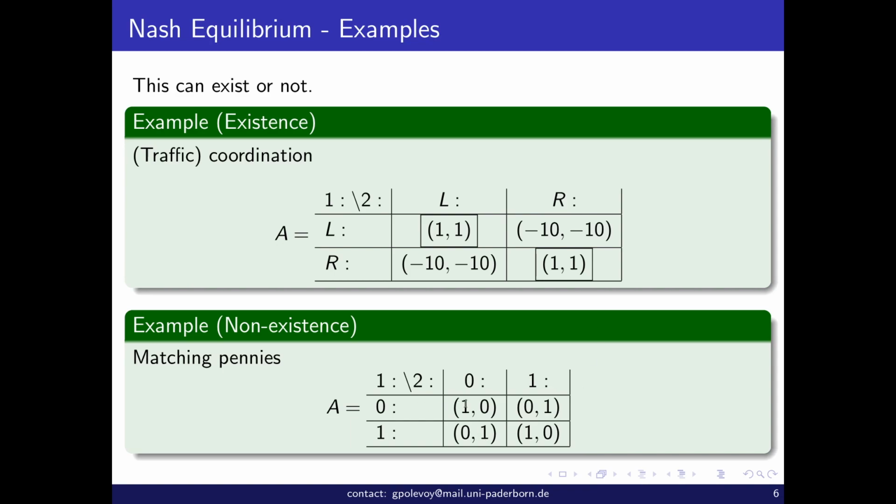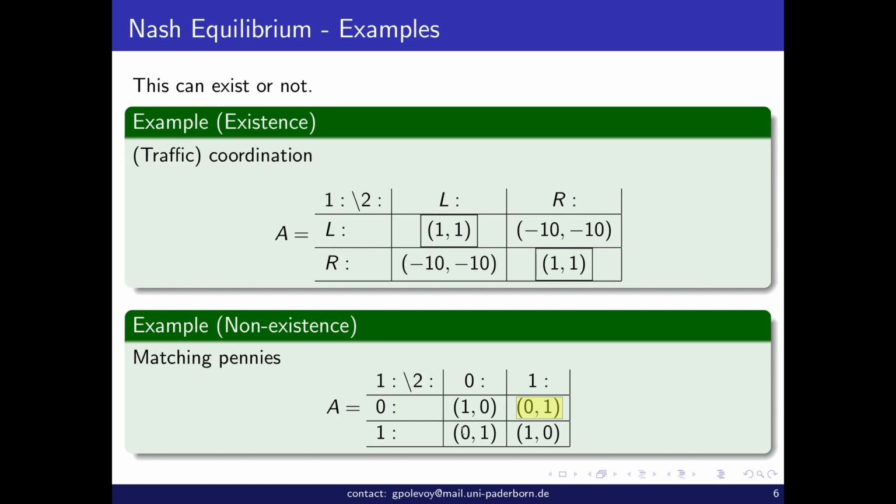If you both have chosen the same option, 0-0 or 1-1, then the row player gets 1 and the column player gets 0. On the other hand, if they have chosen different numbers, so if it's 1-0 or 0-1, then the situation is opposite. Player 1 gets 0 and player 2 gets 1.